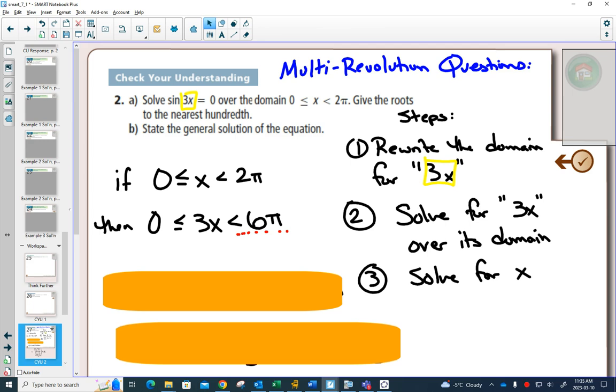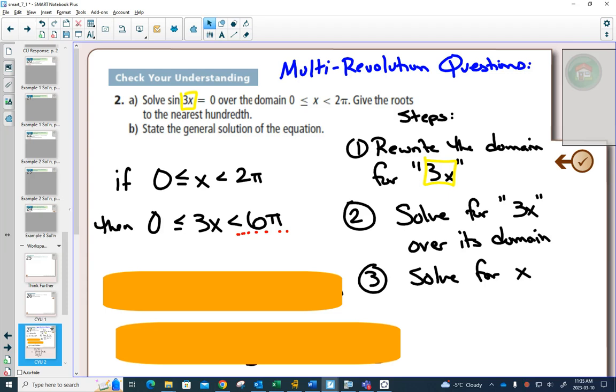So that's step 1: rewrite the domain for 3x. We were going from 0 to 2 pi, it got tripled because we want a 3x, and it's now between 0 and 6 pi. Step 2, solve for 3x. What all this means is you're solving this equation like normal. Is 0 on your unit circle as a y-coordinate? Yes. 0 happens here, 0, here, pi, and here at 2 pi.